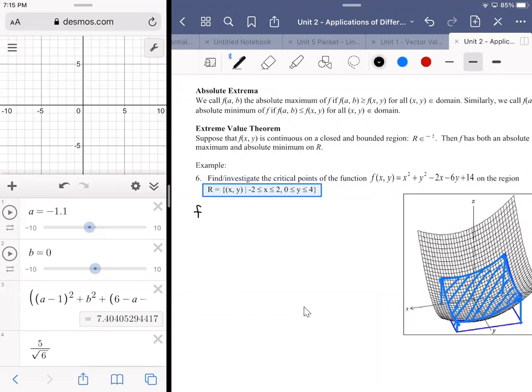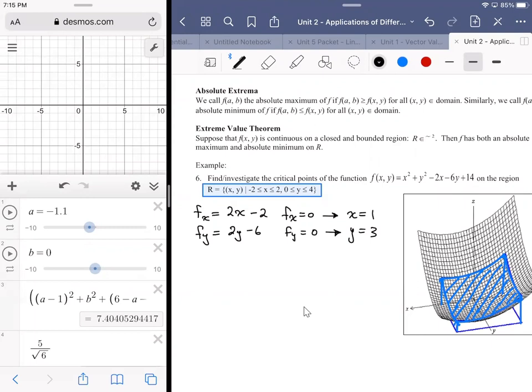So we would find f sub x, which would be equal to 2x minus 2, f sub y, which would be equal to 2y minus 6, set them equal to 0. So if you set them equal to 0, in the first case, you get x equals 1. In the second case, you get y equals 3.